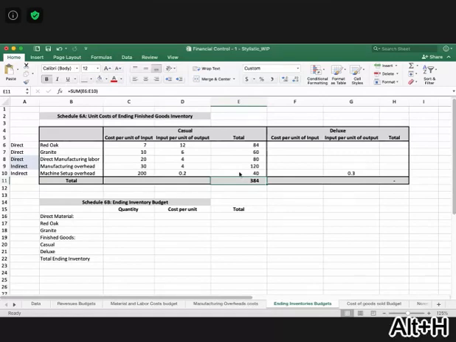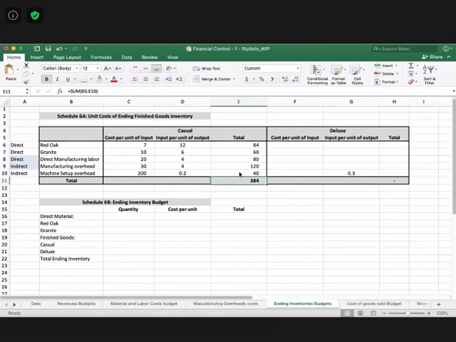So that begins to be very interesting information for us, right? Because we can provide that information to the financial accounting so they can evaluate the inventories at the end of the period already. And we have a pretty good idea about the production cost of one product.